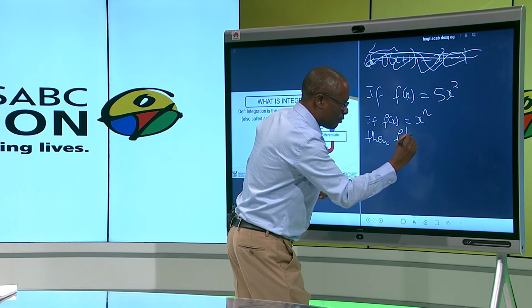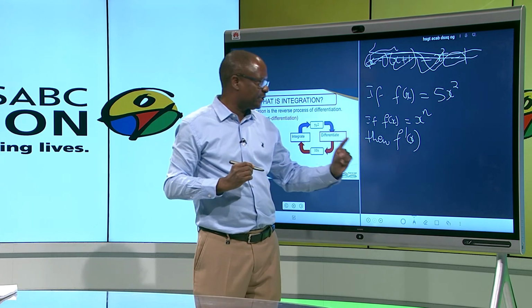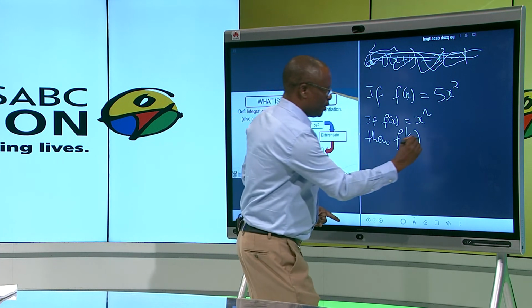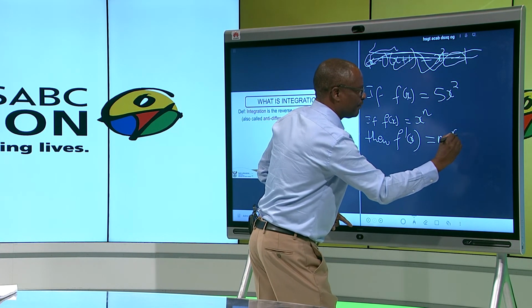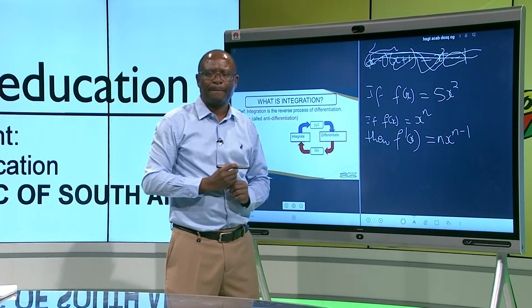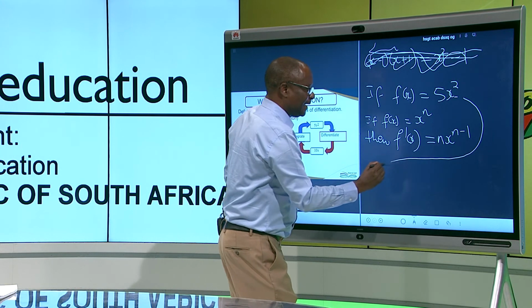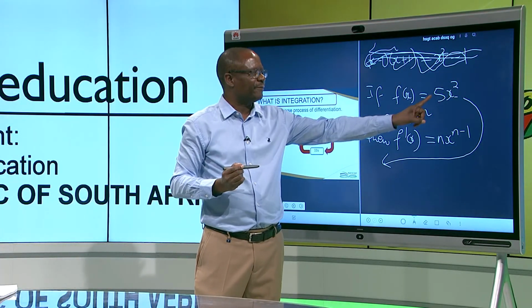Always use the correct notation. The correct notation of the derivative is f prime of x, which will equal n times x to the exponent of n minus 1. But going back to our example, we said we are given f of x equals 5x squared.